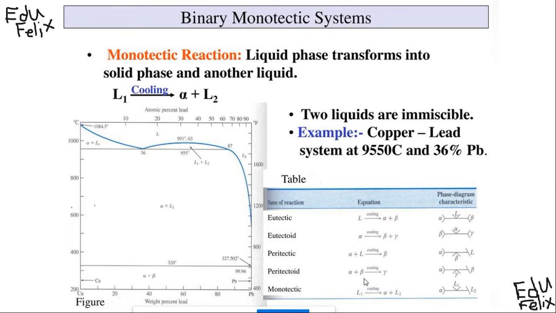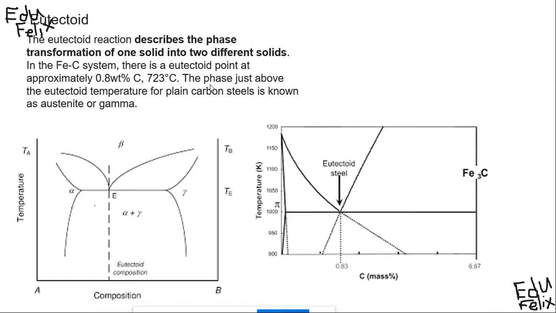Peritectoid means different phases combine and form another third solid phase. It is peritectoid, right? So this figure is very important for you. After getting some phase diagram examples, we can identify this one. That is the most important part of your phase diagrams and learning outcomes.